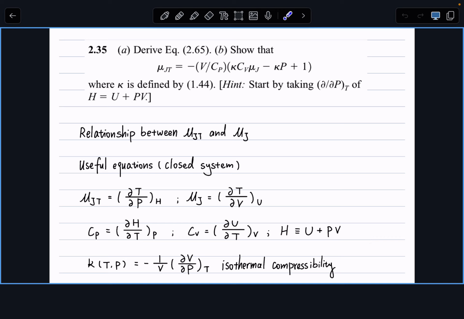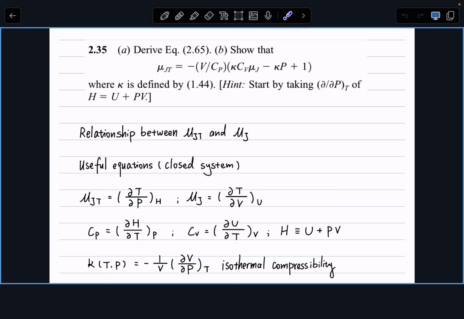And then we have the definition of enthalpy, H equals U plus PV, and our isothermal compressibility. So these are all the definitions that we went over. We'll be using everything here alongside some calculus to prove that the equation is true. All right, so let's get started. If you already tried it, let's just go over it together. Maybe you'll have a different approach compared to mine. All of them are correct if we can get the same answer.